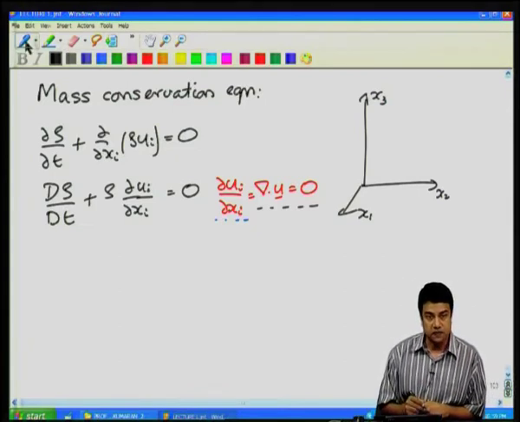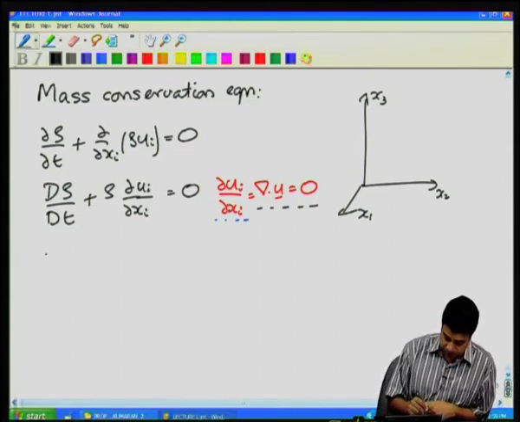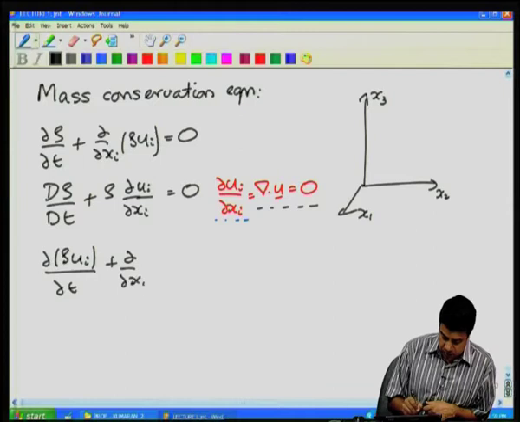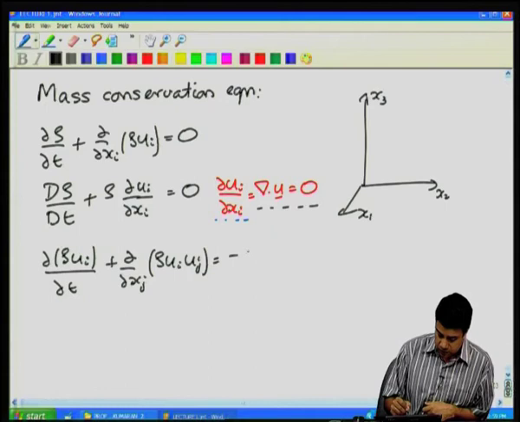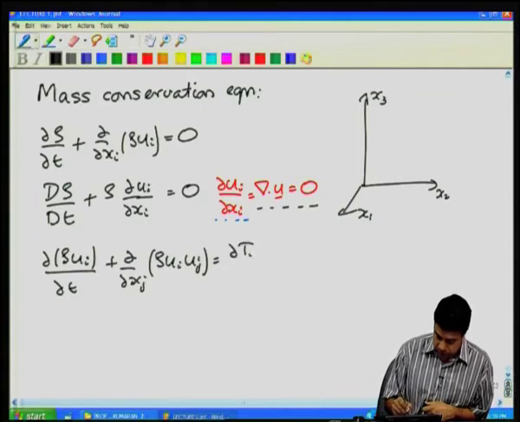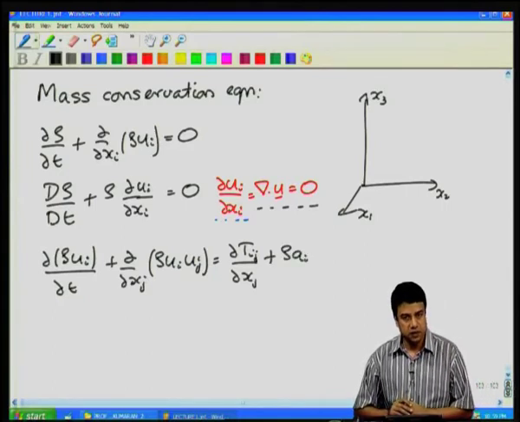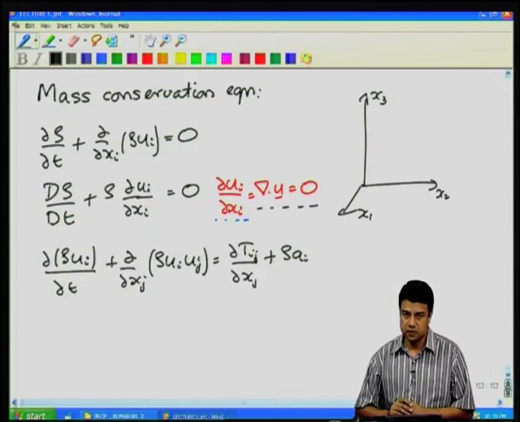Next, the momentum conservation equation can be written in a couple of different forms: partial of rho ui by partial t plus d by dxj of rho ui uj is equal to minus partial Tij by partial xj plus rho Ai, where Tij is the stress tensor, a second order tensor.